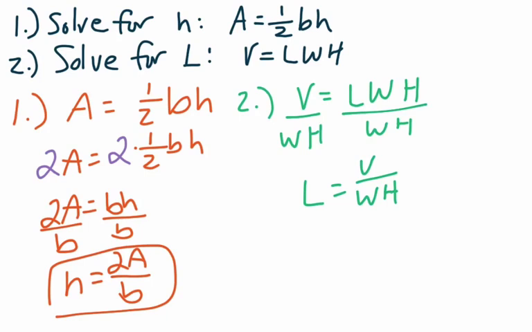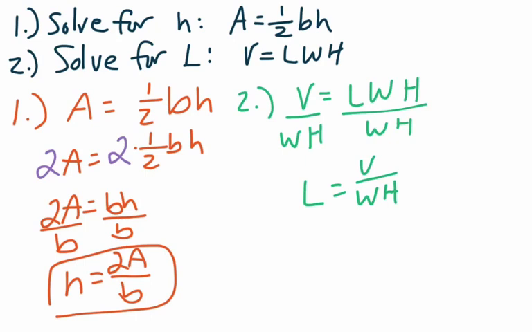You can divide by 1/2, but if you remember, the definition of division is multiply by the reciprocal. So when we divide by 1/2, that's the same as multiplying by the reciprocal of 1/2, which is 2. Rather than dividing by a fraction, it's easier to multiply by 2.